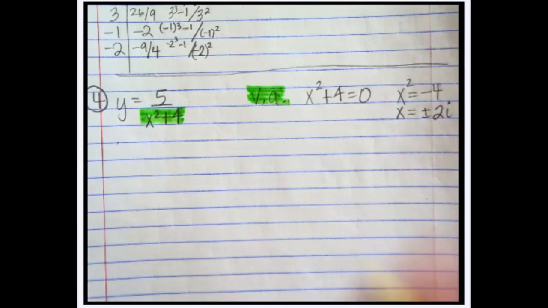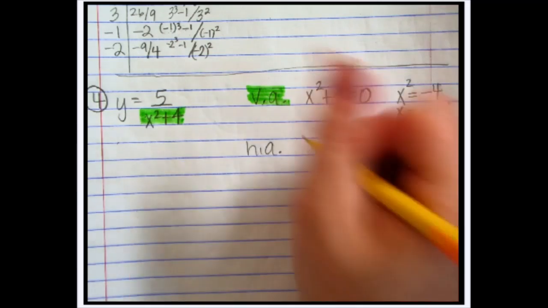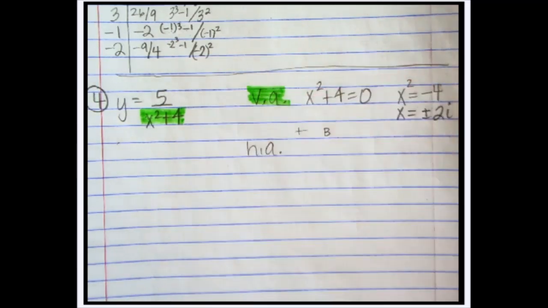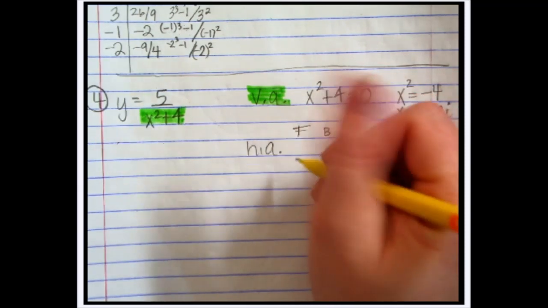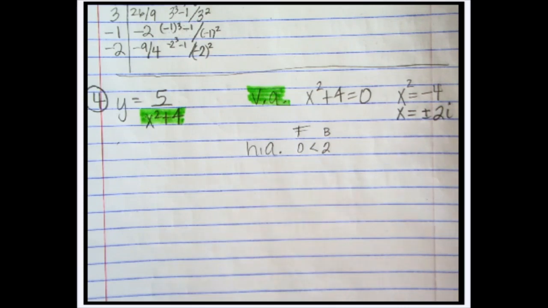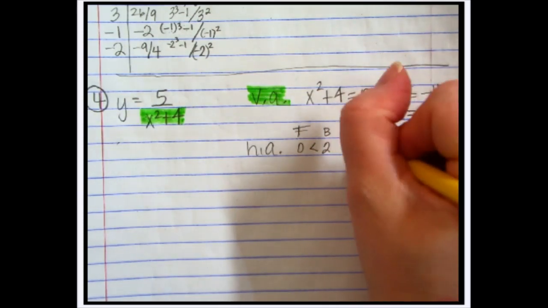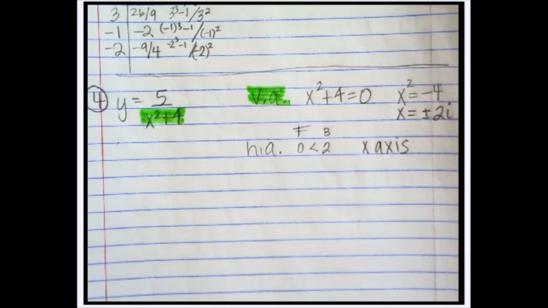Then if we look at our horizontal asymptote, we compare our degrees, top versus bottom. Top is 0 and our bottom is 2, so we get less than, which infers that we have the x-axis as our horizontal asymptote. Okay.